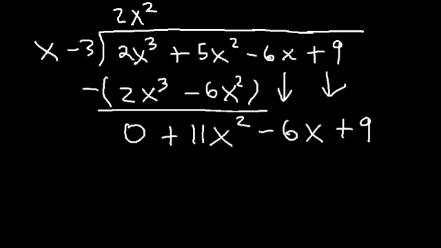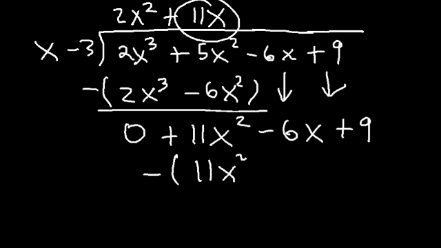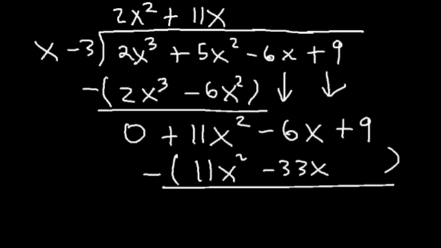So let's divide first. 11x squared divided by x is 11x. And now let's multiply. 11x times x is 11x squared. 11x times negative 3 is negative 33x. And now subtract. 11 minus 11 is 0. Negative 6 minus negative 33, that's the same as negative 6 plus 33, which is positive 27x.